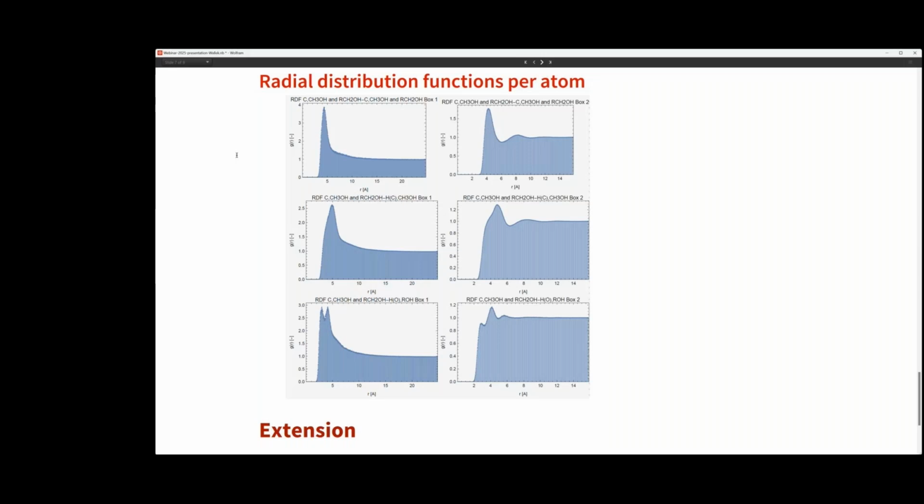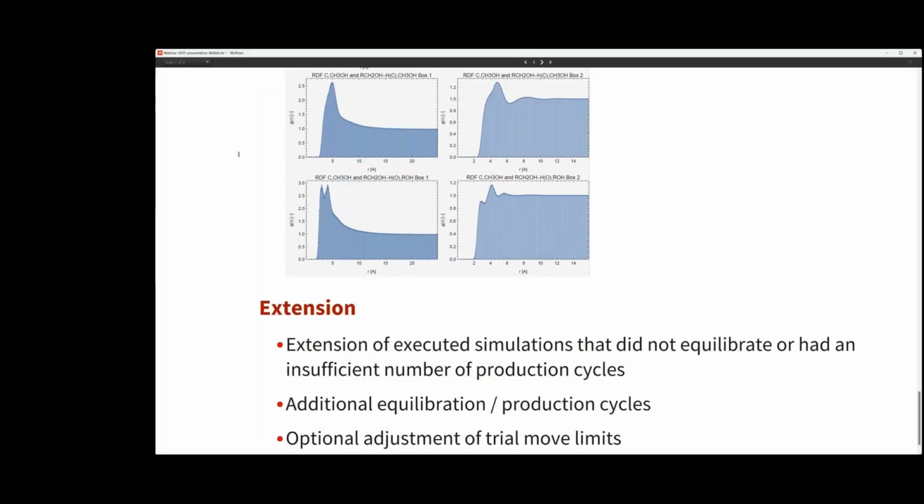Last but not least, the extension of a simulation is possible. This is for the case that a satisfactory convergence has not been achieved, either because the simulation simply did not equilibrate or had an insufficient number of production cycles.